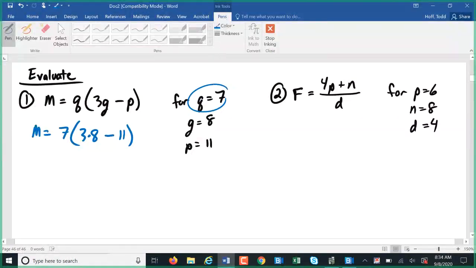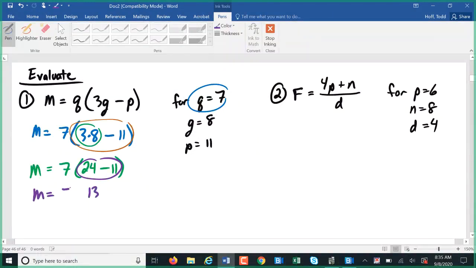Now our order of operation tells us we have to work inside the parentheses first. In there, we're going to multiply. 3 times 8 is 24. Next, we're still inside the parentheses. We have the 24 minus 11, which is 13.